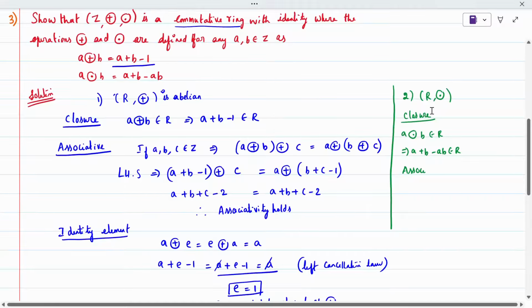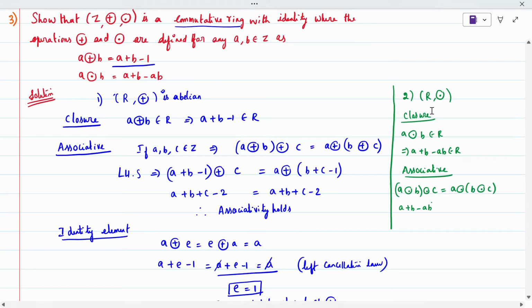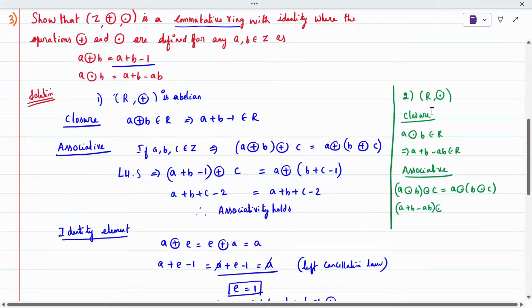Second will be the associative. So for associative I have to use the dot operation. A dot operation B dot operation C. Okay, the bracket only changes. It's nothing but A dot operation, B dot operation C. So as per our definition, A plus B minus AB, dot operation C. So it's nothing but A plus B plus C minus ABC.